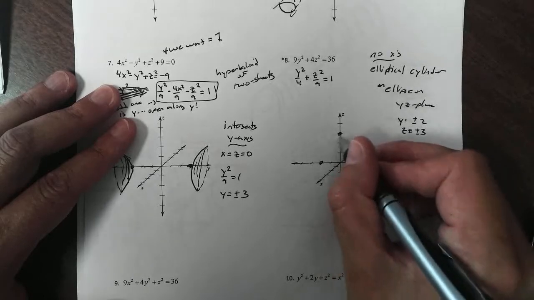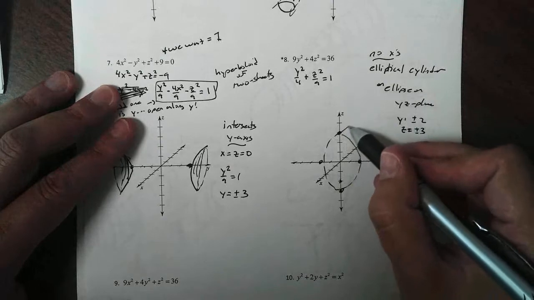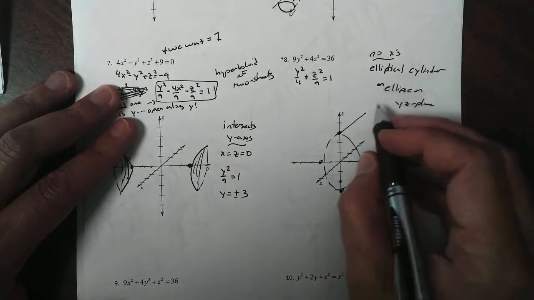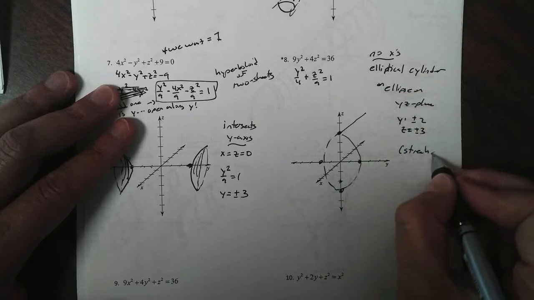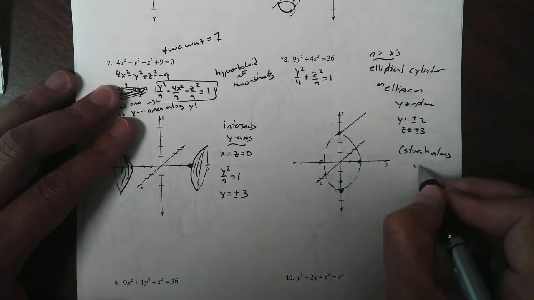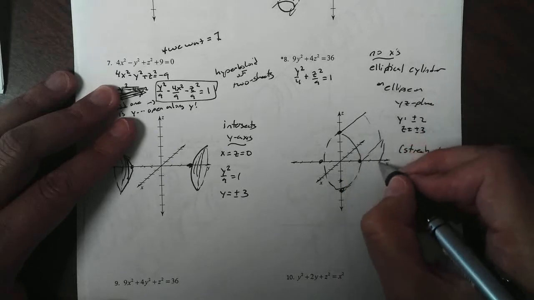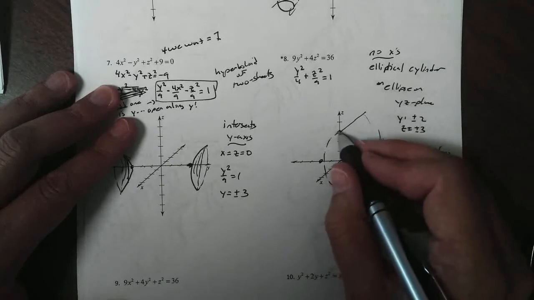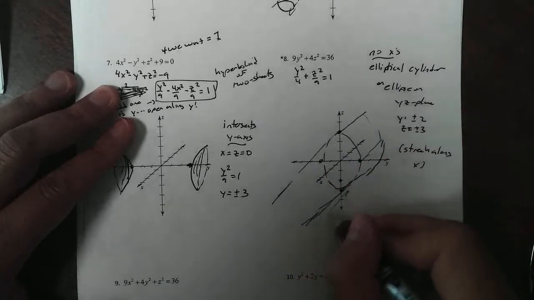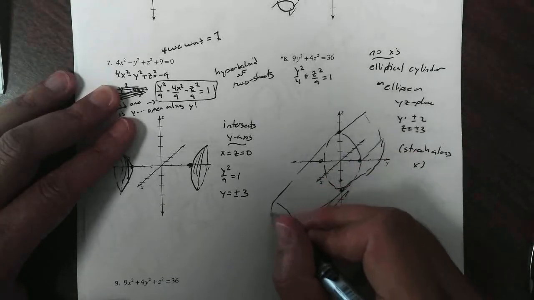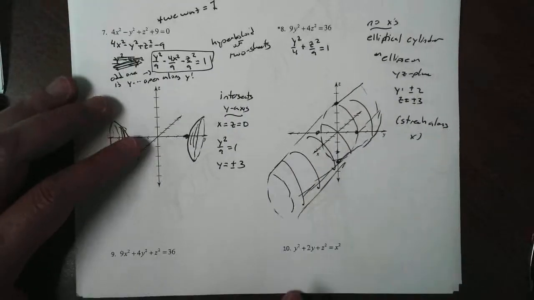Whoop, missed it. There's my ellipse right there, and I draw a cylinder. Because x is missing, we're going to stretch along the x, like a slinky along the x. Like so. And there is our cylinder right there.